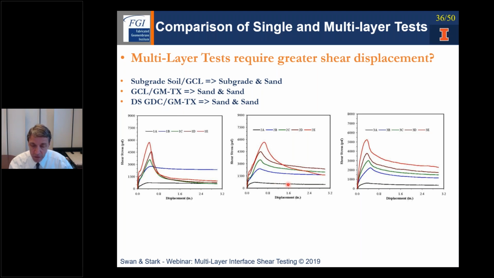So that might be, say, 1.6 for this curve, maybe a little further, 2.4 for this curve, and so on. If it's still decreasing rapidly, like this red curve, I use the last point for the large displacement shear displacement. So I'm going to compare both the peak displacement and the large displacement strength for single and multi-interface tests.